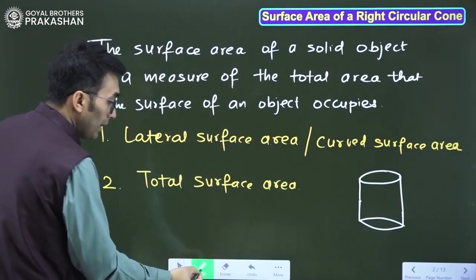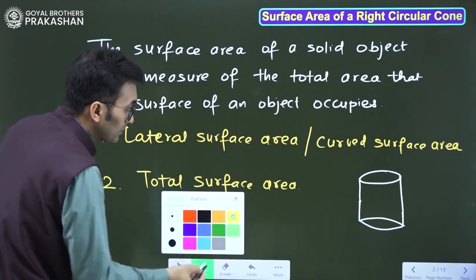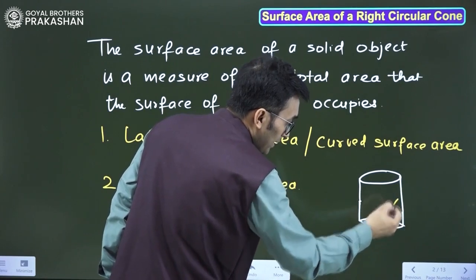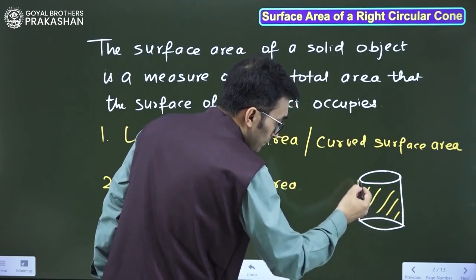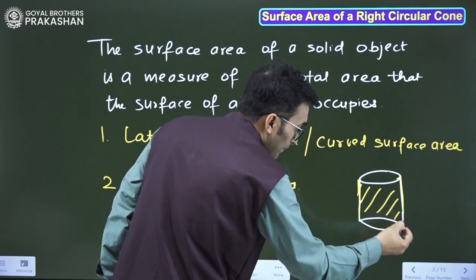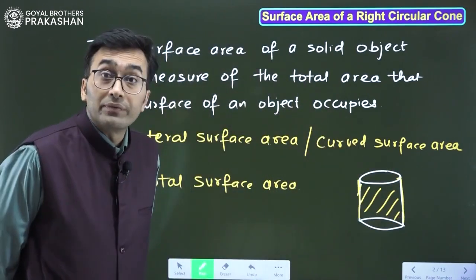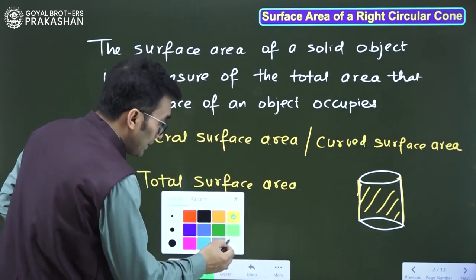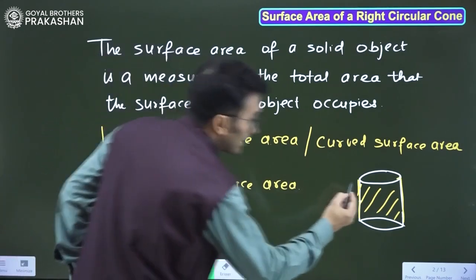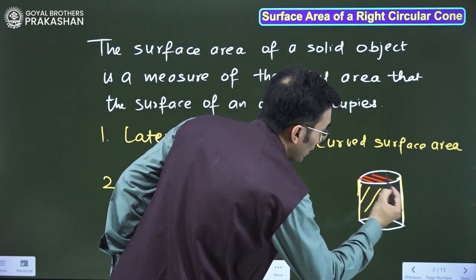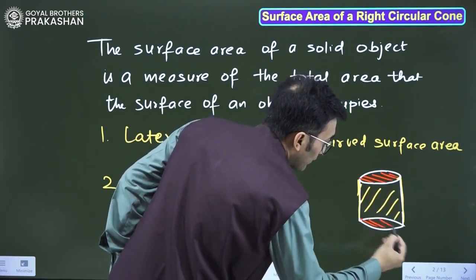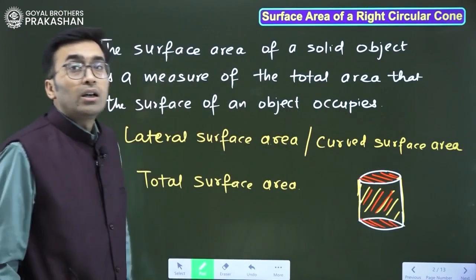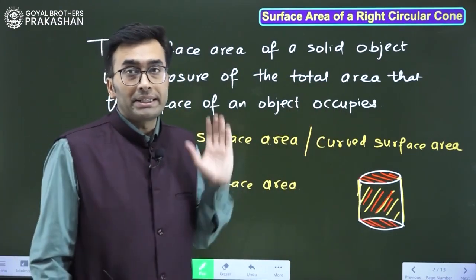So the lateral surface area is this part only. But the total surface area will include this part also, and this one as well. So that comes out to be the total surface area.